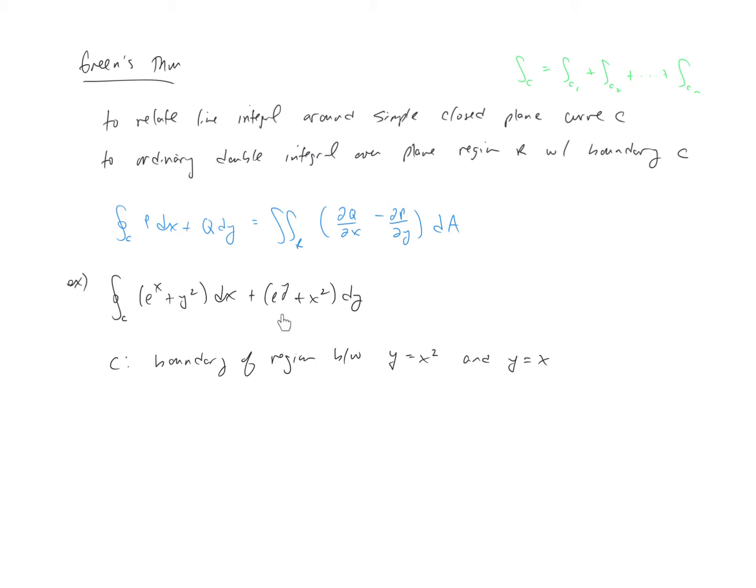We've got an example here, and our curve is going to be the boundary region between the parabola and the line. And so to get this thing set up, first thing I'll do is set up my double integral, keeping in mind that this is going to be our p value, this is going to be our q value. So when I now use the formula, partial q partial x, here's our q with respect to x, that would be a 2x.